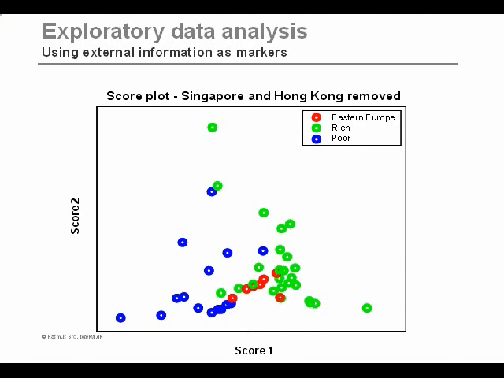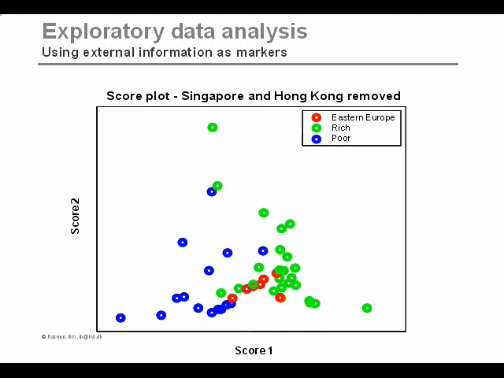And you can see here that, as expected, the leftmost countries would be the ones which are poor, and the rightmost, pointing in the economical direction, would be the ones that are rich. And the Eastern European countries are in the middle of this, sort of going from poor to rich.